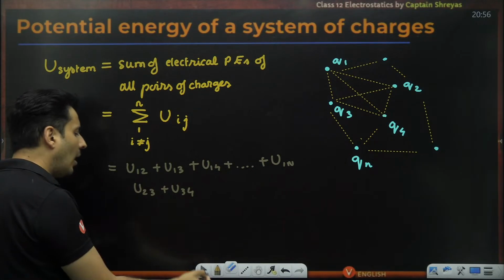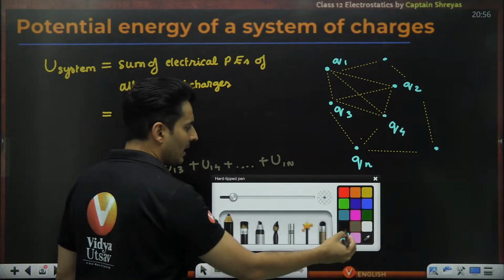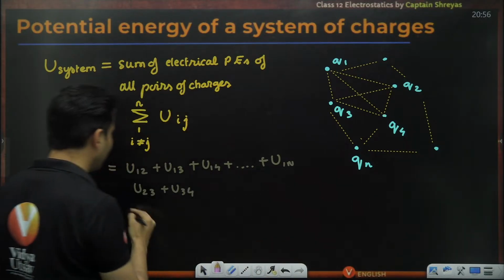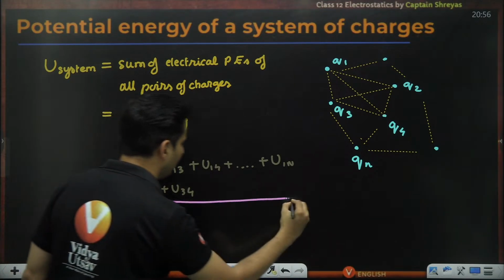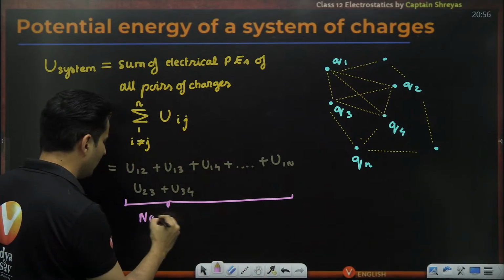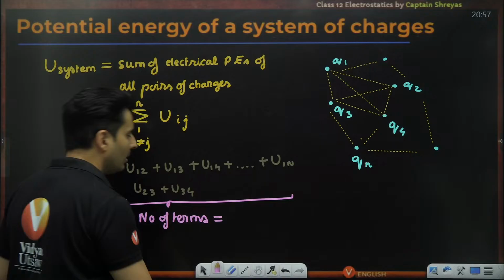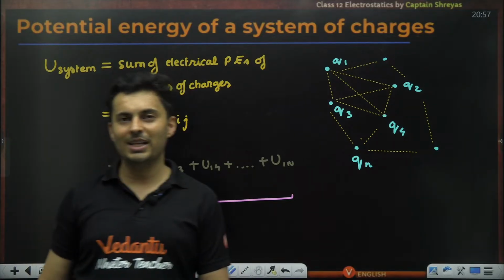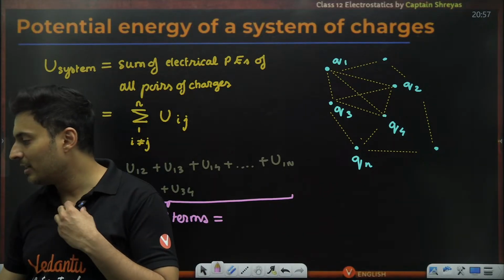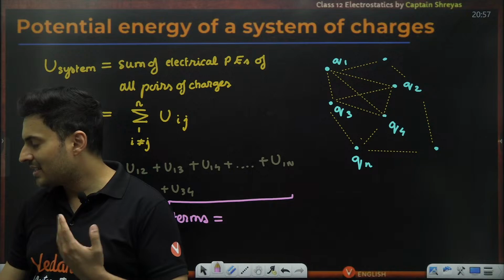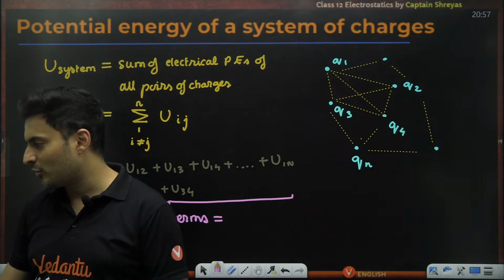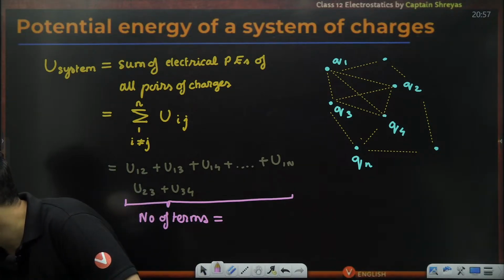Can you guess how many terms will be there over here? The number of such terms, how many will come? If you are a 12th standard student, you might have learned PNC. You should know the answer for this. Come on, guys.